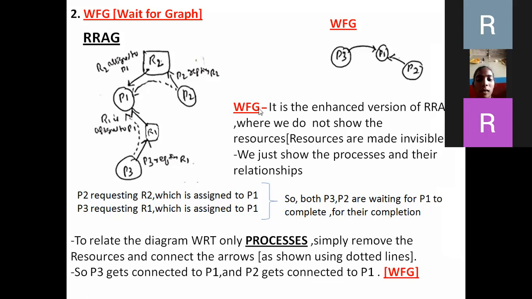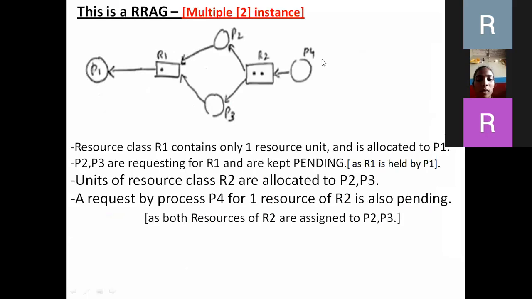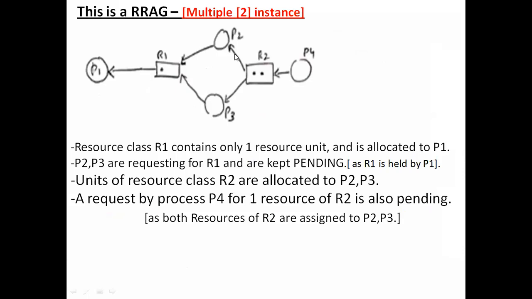Again, some more examples of this RRAG. But the main point here is that we have multiple instances, more than one resource. In the resource class, you can expect a larger number of resources.